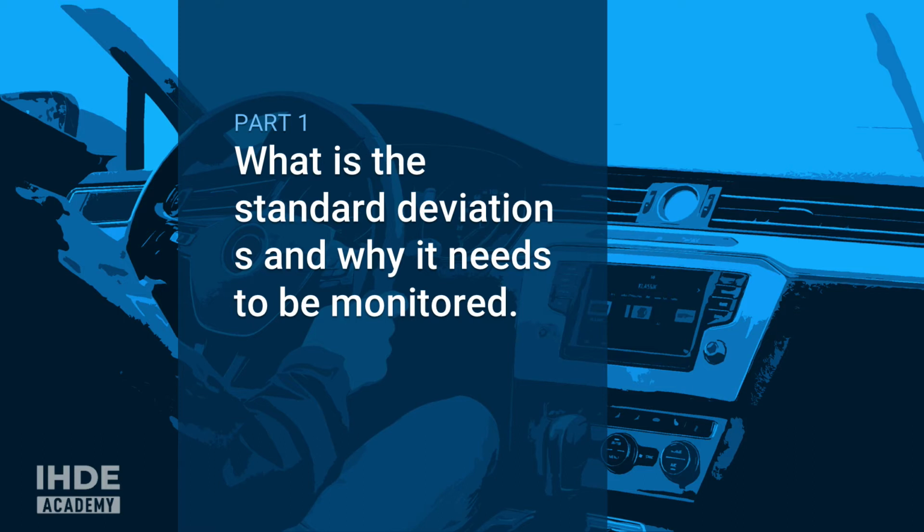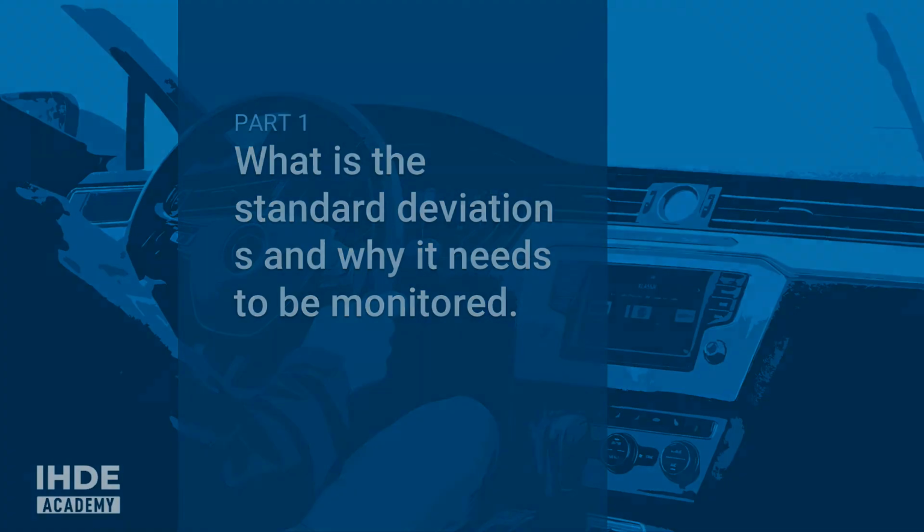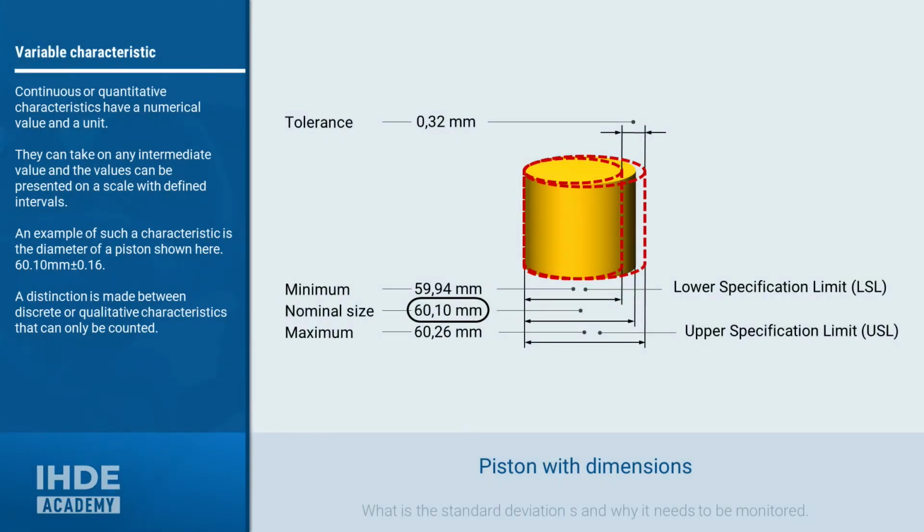Let's start with the basics of the standard deviation and why it should be monitored. As a practical example, we take this tried and tested piston again. The product characteristic to be monitored is the nominal diameter of 60.1 mm.